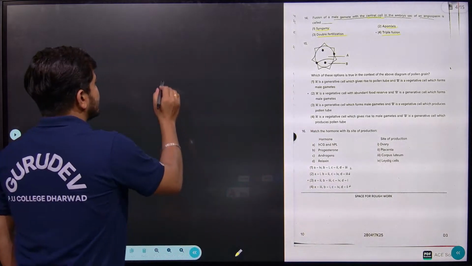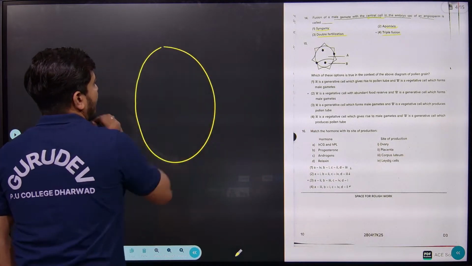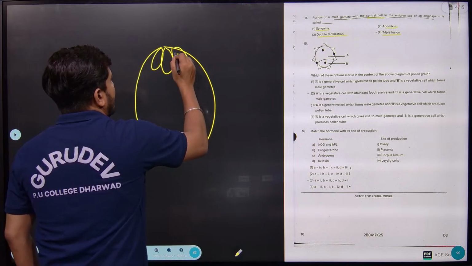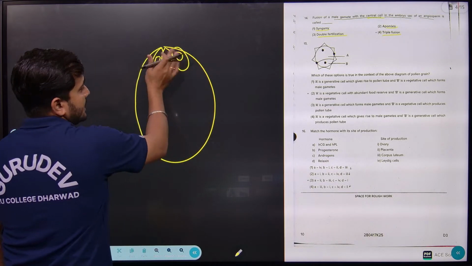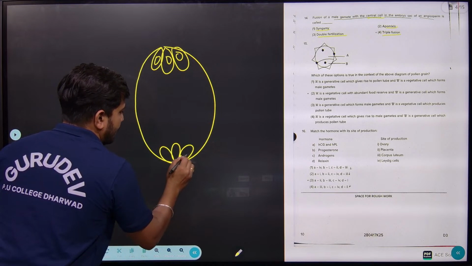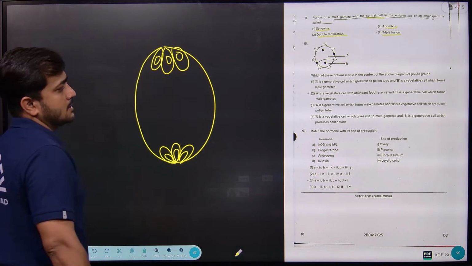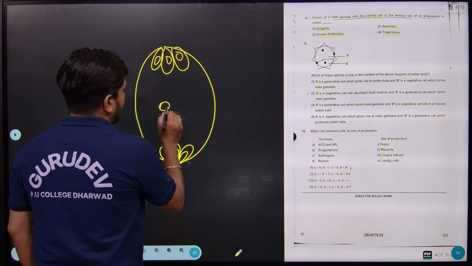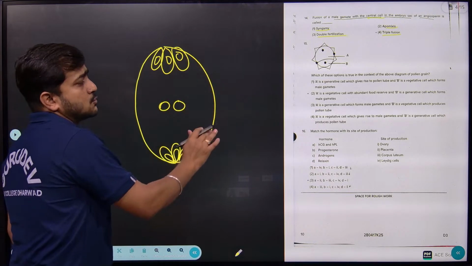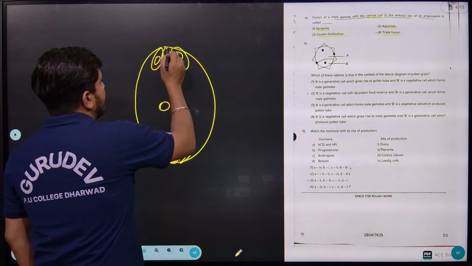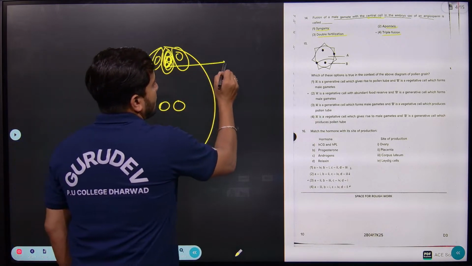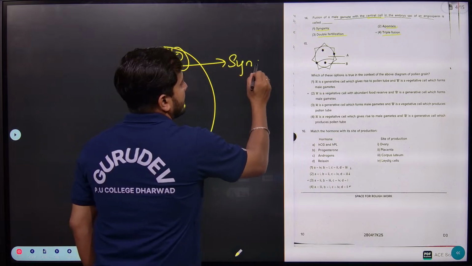When I see the structure of the embryo sac, at the micropylar end I find 2 synergids and 1 female gamete, right? Then at the chalazal end I find the antipodal cells, right? At the center there are the 2 polar nuclei, right? So firstly, one of the male gametes comes and fuses with the female gamete, and this we call syngamy, right?